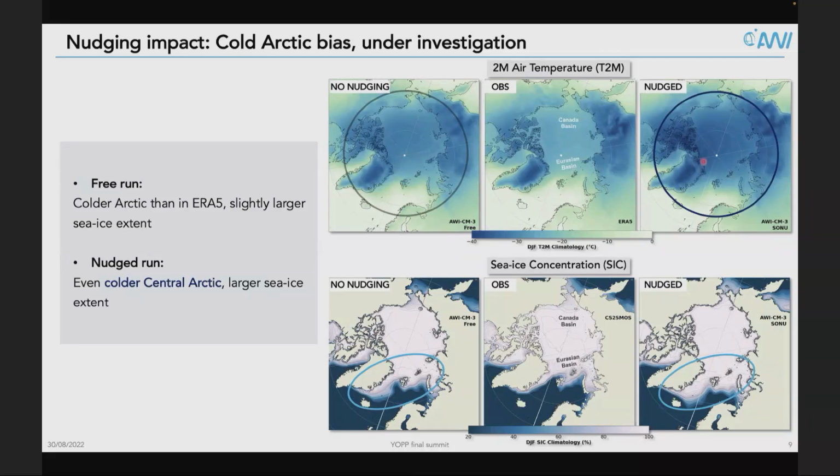All those are mean states. And at the bottom, you have the same thing for the sea ice concentration. Indeed, you can see that our nudged simulations are on average colder than the simulations without nudging. And we're still investigating the causes for this bias.